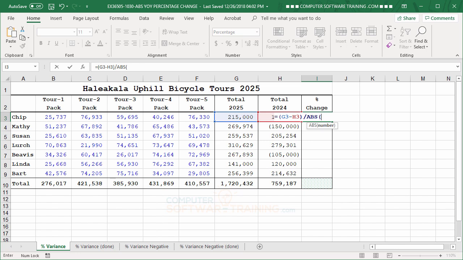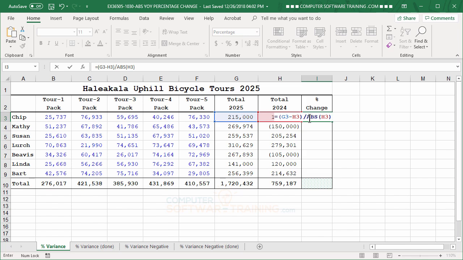And within the ABS function, we're going to put one single thing in there, and that is this cell address, what we're dividing it by. So I can actually click on it right here, and then I'll close it off. So as we copy this down, anytime it encounters a negative number in this column, the ABS will turn the negative into a positive, technically.